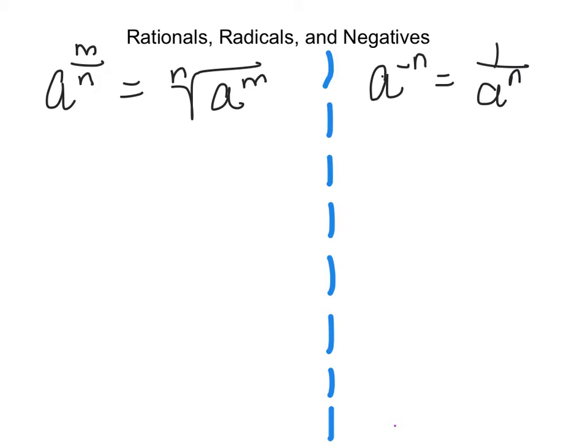So that's our pattern. So if we had something like x to the power of 4/5, and we wanted to turn it into a radical, we would put our x underneath, and then the 4 would be the exponent underneath with it, and the 5 would go on the outside.